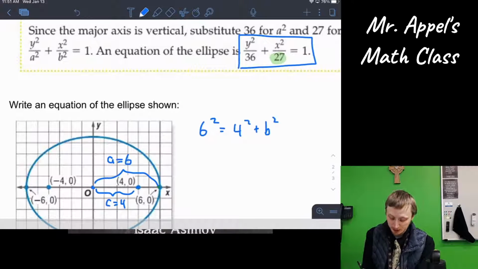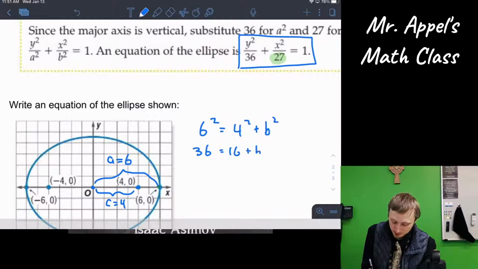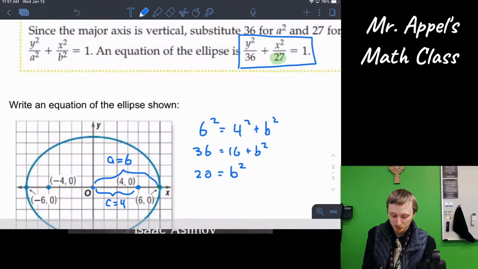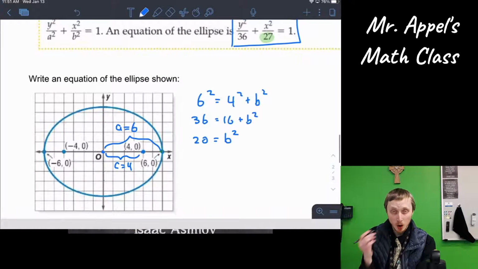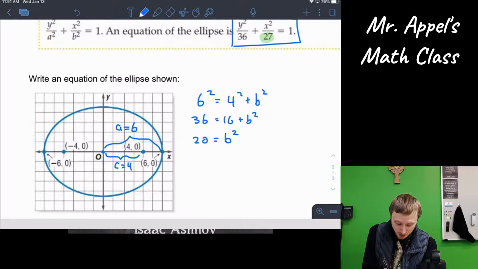All right, fill in our hypotenuse. We need to solve for B squared, so that would be 36 equals 16 plus B squared. Subtract 16 from both sides. B squared is 20.